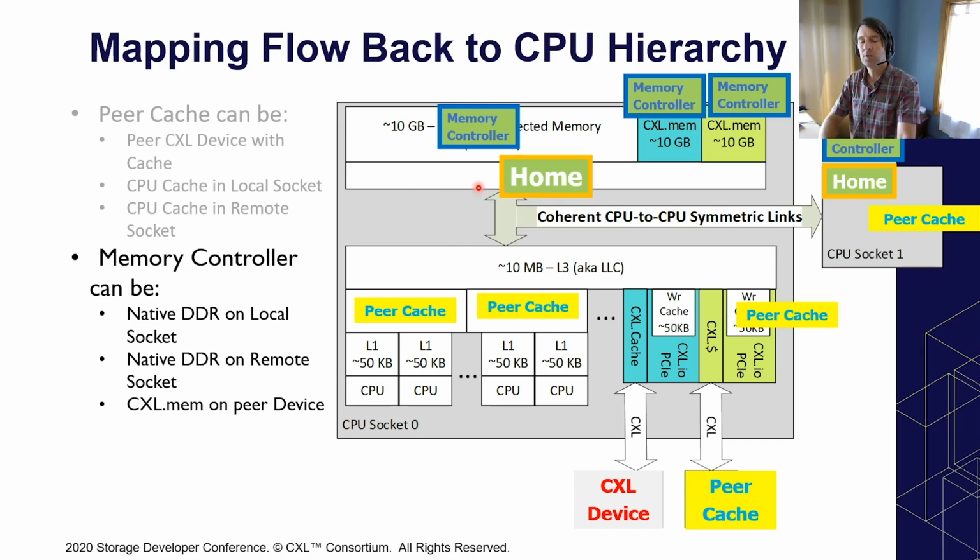But that home agent logic could be within the local socket. It could be on a peer socket, any peer socket. And then finally, the memory controllers themselves could be native DDR within the local socket, native on the remote socket, could be CXL.mem connected in the local socket, or on the remote socket. Any location is possible, and location depends on the address that's being accessed.